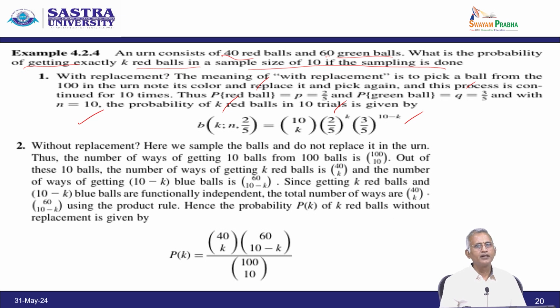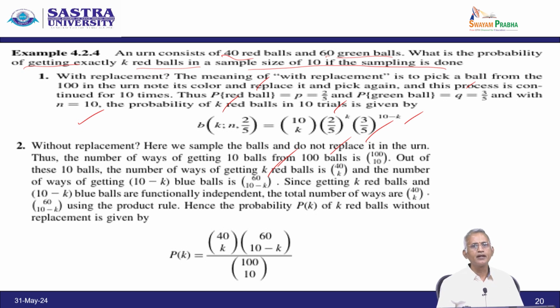Without replacement, here we sample the ball and do not replace it in the urn. Therefore, the number of ways of getting 10 balls from 100 balls is 100 C 10. Out of these 10 balls, the number of ways of getting k red balls is 40 C k, and the number of ways of getting 10 minus k green balls is 60 C (10 minus k).